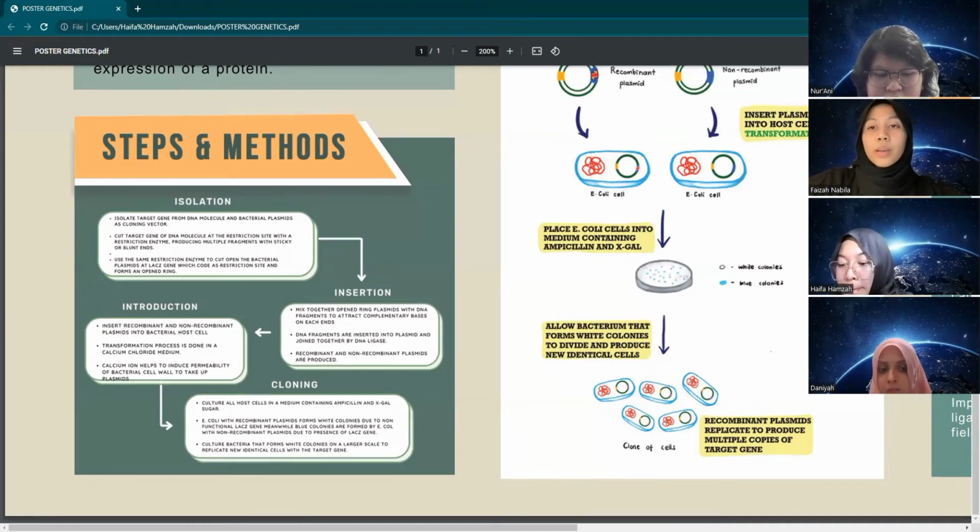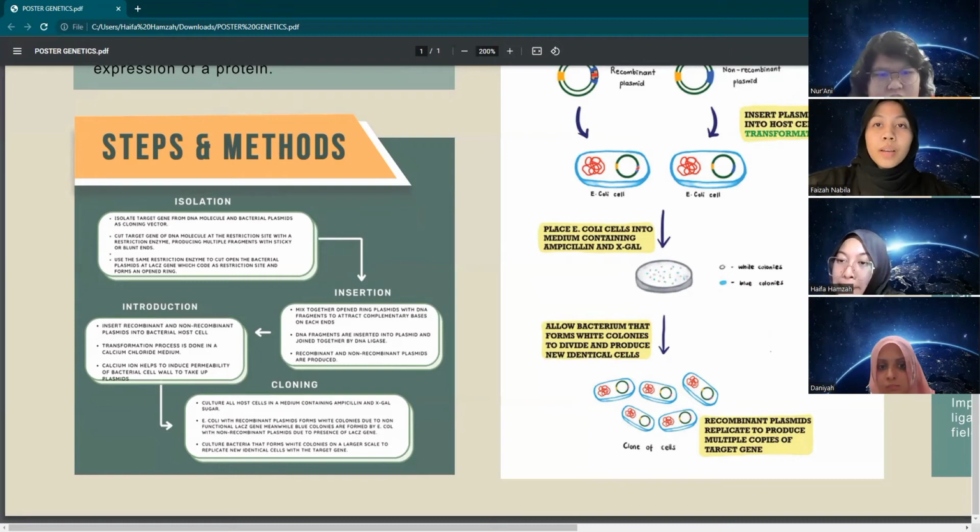The restriction enzyme will produce either sticky or blunt ends on the target gene. As we know, since the molecule has many base pairing sequences, these sequences actually code as restriction sites. Therefore, there will be many restriction fragments produced.